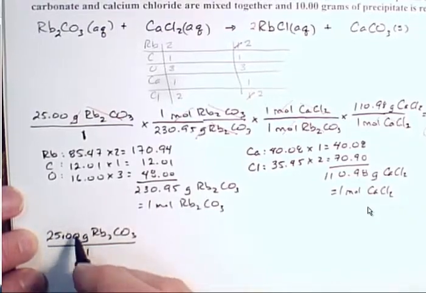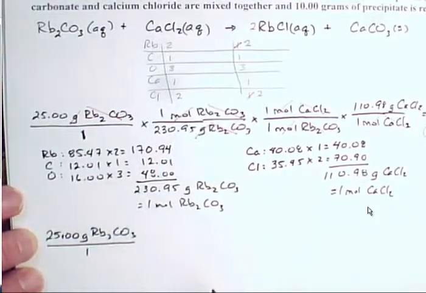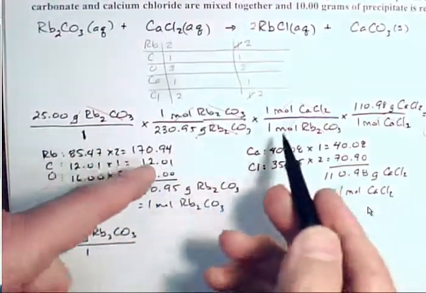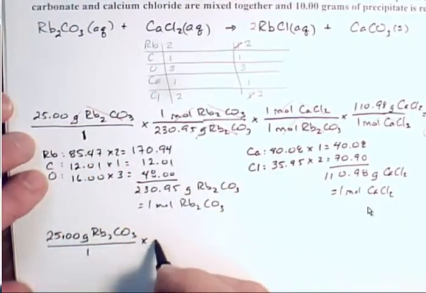over 1. And the conversion unit we've already got here. We're lucky here because we started with rubidium carbonate. It's already here to convert the moles. It's already done for us.